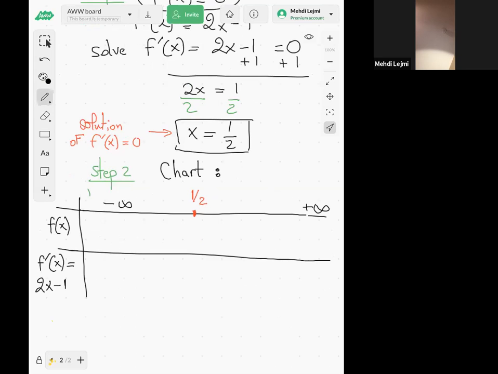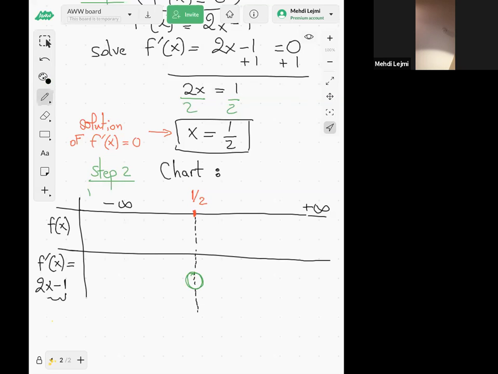All right, so let's say this is the line which represents x equal to half. We know a solution of f prime of x equal to 0 is when x equals half. So I'm going to put a 0 on this line, because when x is equal to half, f prime of x is going to be 0.